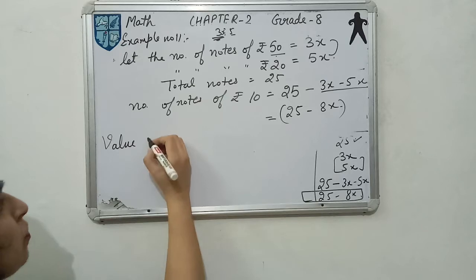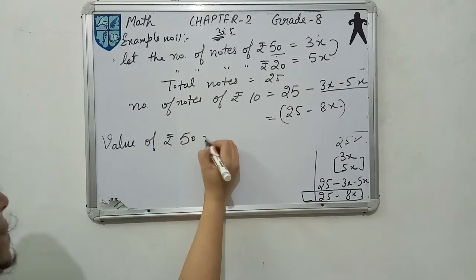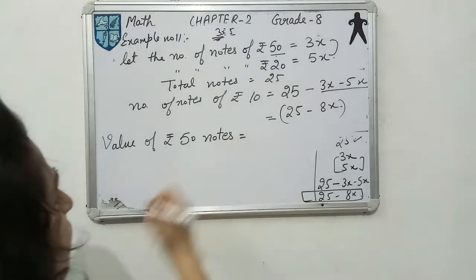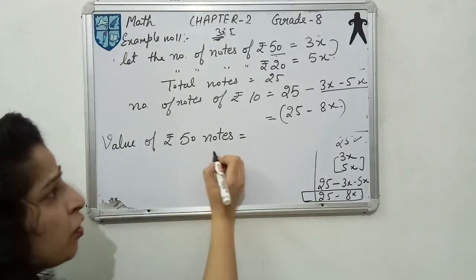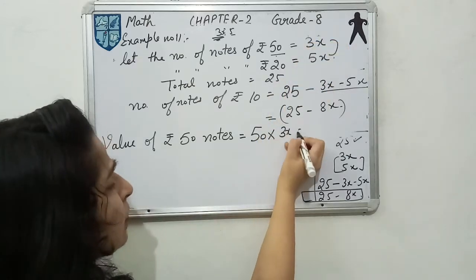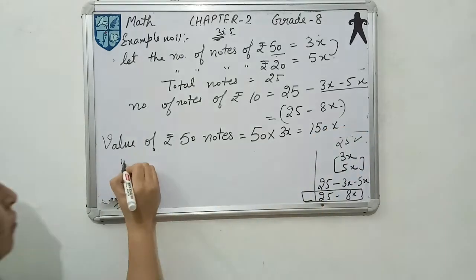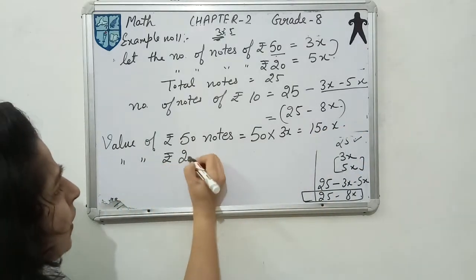Now we are finding this. So the value of rupees 50 notes is equal to, because the value of one note is 50 and there are 3x notes, when you solve, the total stack value should be 150x. So the value of rupees 20 notes.